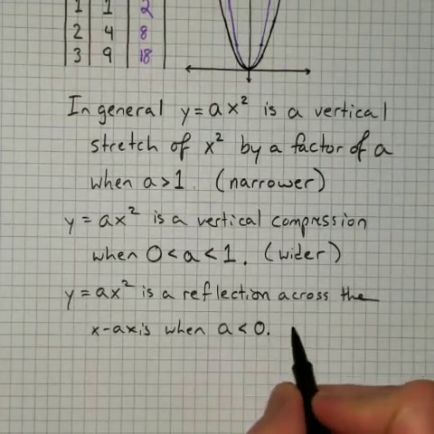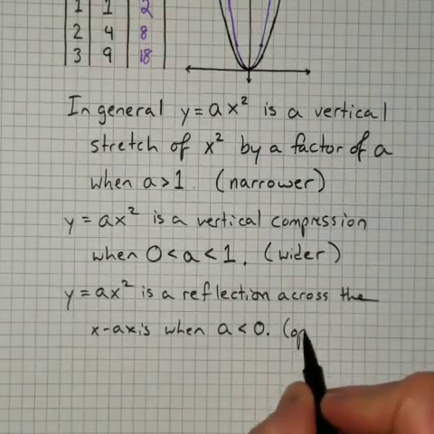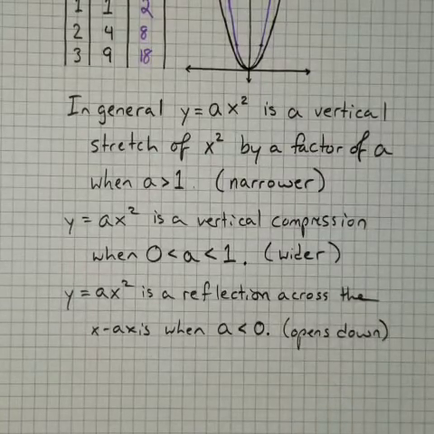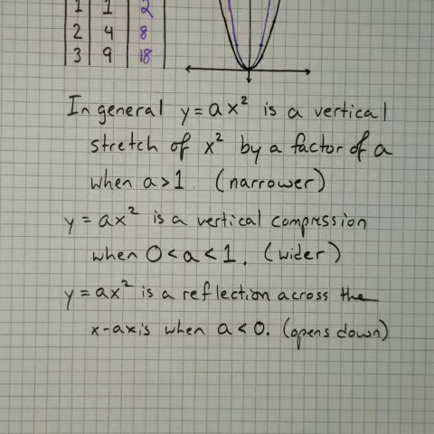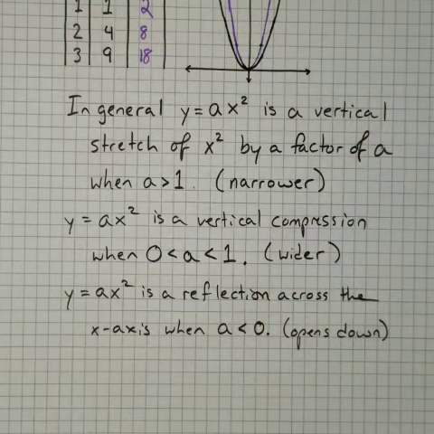And that reflection we often call opening down. Okay, so the graph would open down if that's the case, rather than opening up like we see it here. All right.